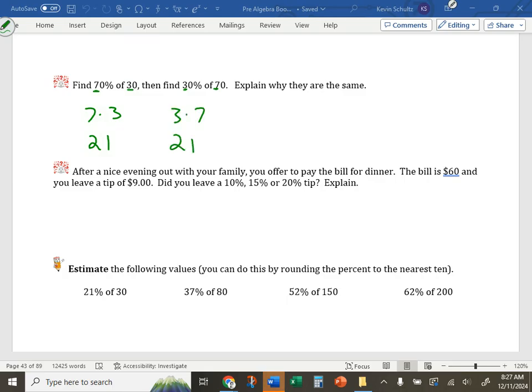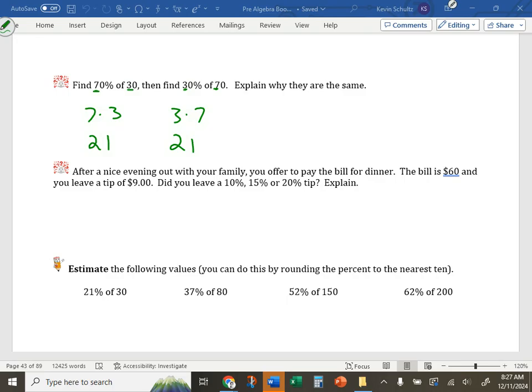So why are they the same? Okay. And you can do that when you multiply, right? When you multiply something, order doesn't make a difference. 7 times 3 is the same as 3 times 7. So the reason why they're the same is because with that multiplication method, you can flip the order, and it's going to be the same result.